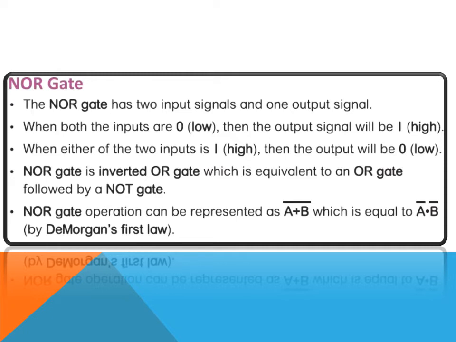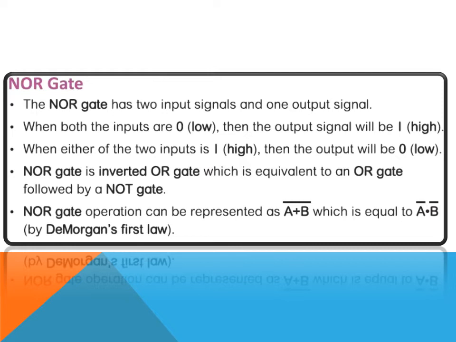NOR gate is an inverted OR gate. That means an OR gate followed by a NOT gate. We have already discussed that the NOT gate is called the inverter. So an OR gate followed by a NOT gate will be the NOR gate.